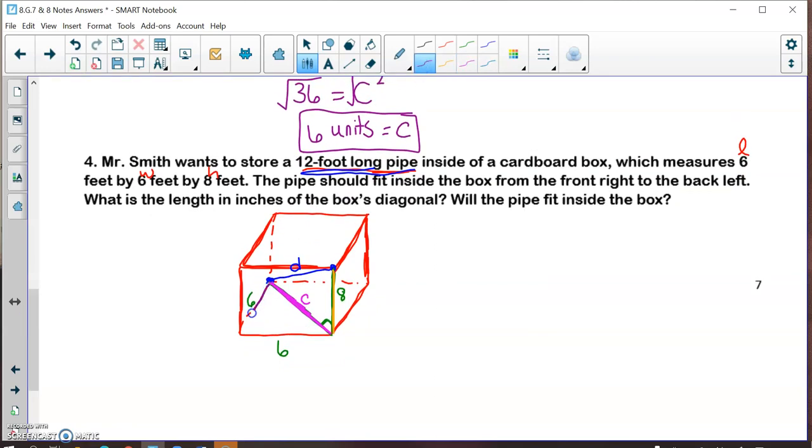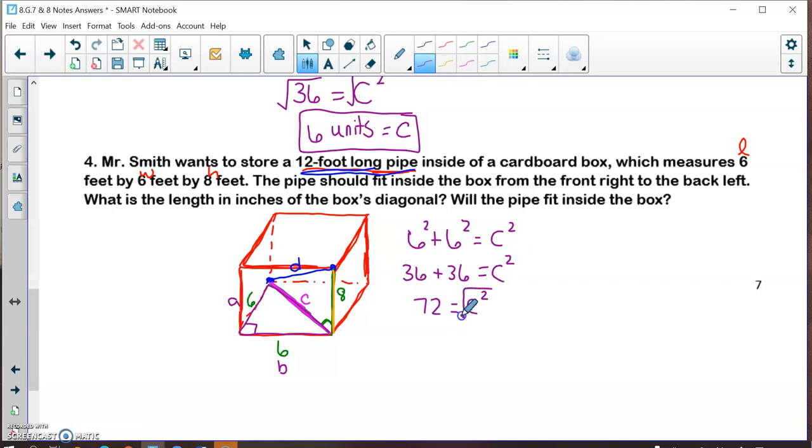So I'm going to use this purple right triangle here to help me find C. I'm going to label one of my 6's A, my other 6 B, and I'm trying to find C. So I'm going to do A squared plus B squared equals C squared. So I have 36 plus 36 is equal to C squared, which gives me 72.